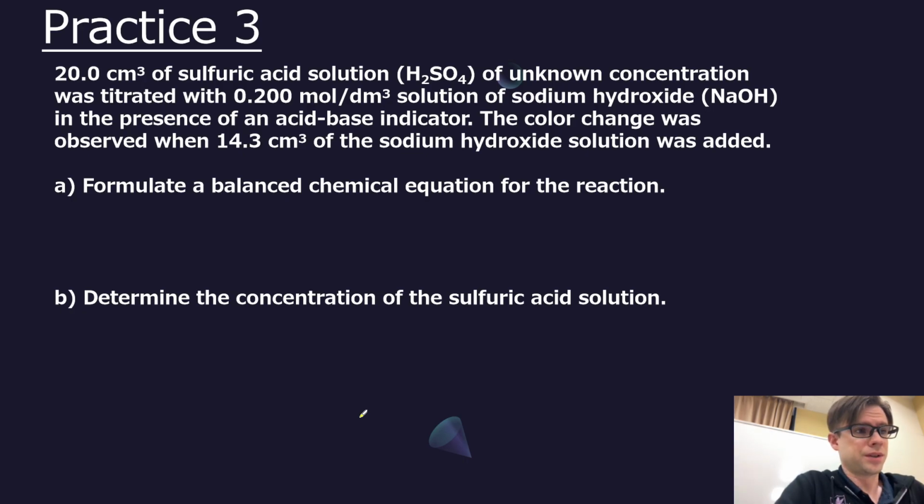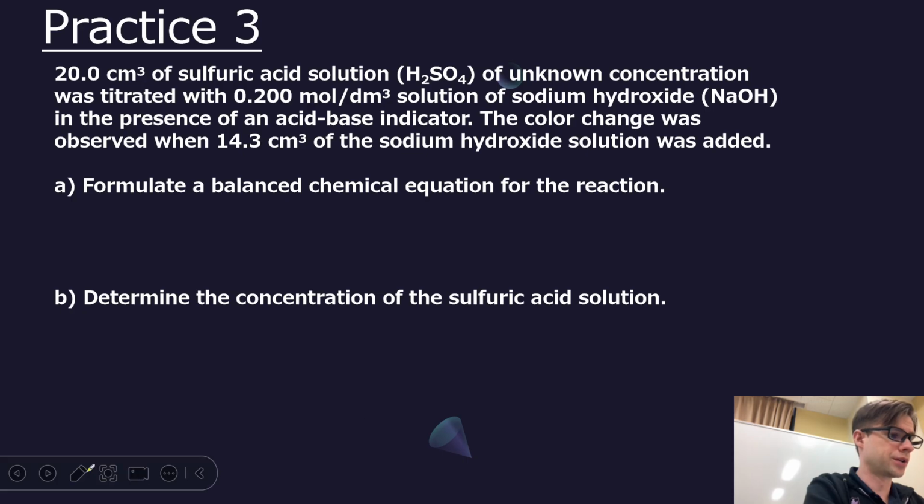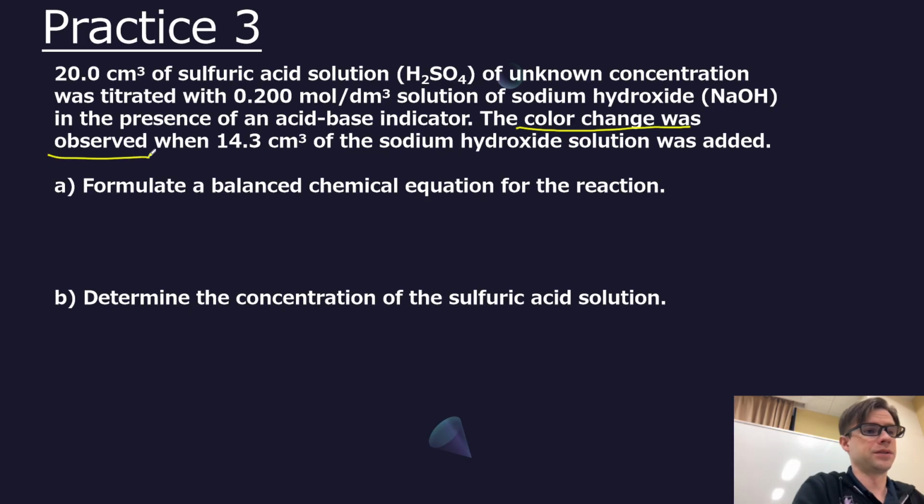I have previous videos on that from many months ago, but what you need to know is that when the color change of an indicator happens in a titration between acids and bases like this, it means that you've achieved complete neutralization. The reaction is complete, essentially. So in a question like this, where a color change was observed, this means the reaction is perfectly complete and there will be no limiting reactant.